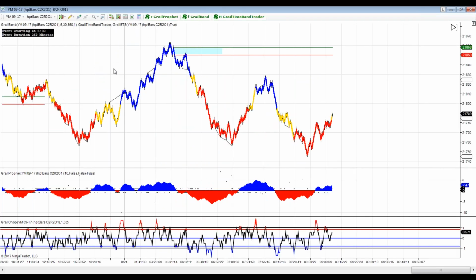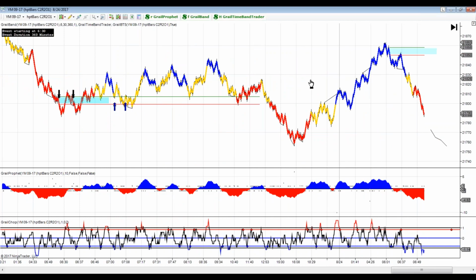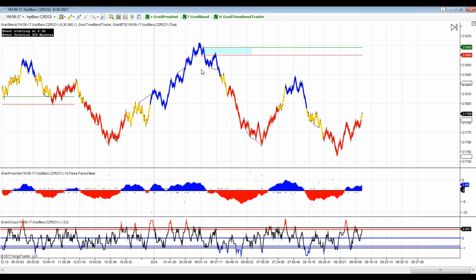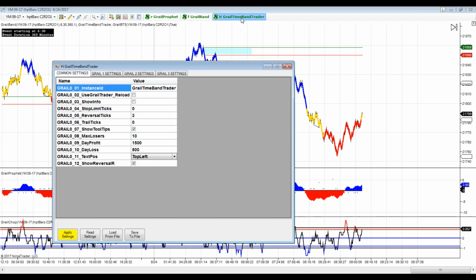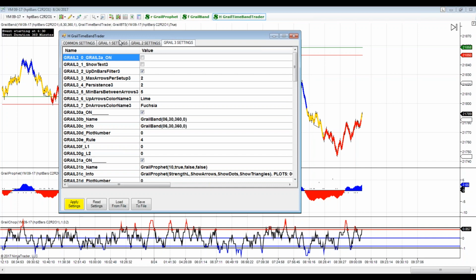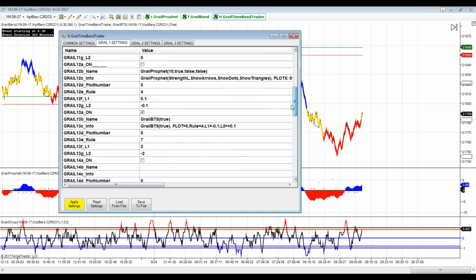And now we have a little more color and a little more things that make sense. So now let me go through the settings on this. Okay, let me go through the settings on your Grail time band trader. All right, remember we have Grail 1, Grail 2, Grail 3. Okay, Grail 1, right now on the default, once you make your time change, is using the BTS as its filter.